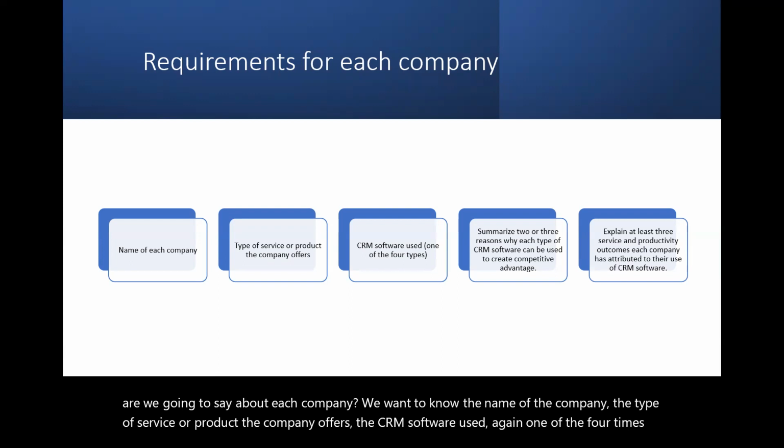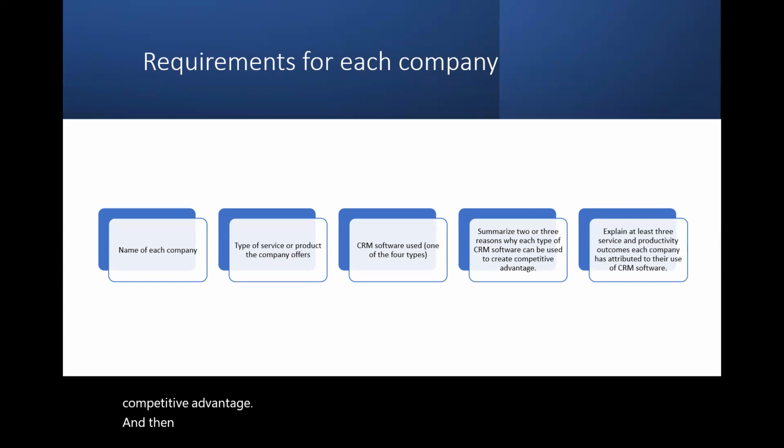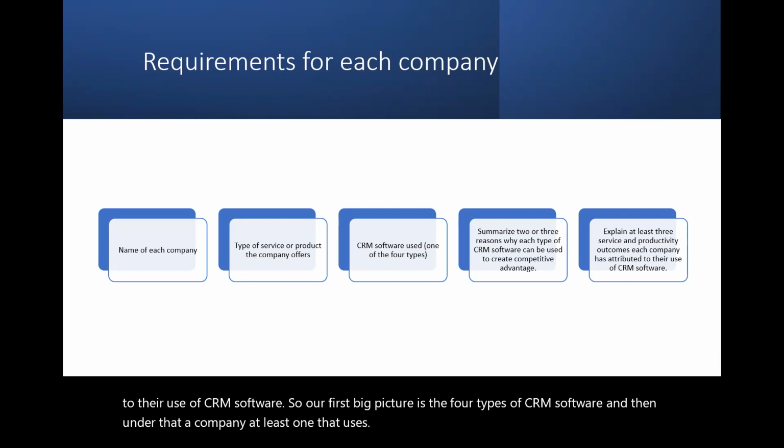Summarize 2 or 3 reasons why each type of CRM software can be used to create the competitive advantage, and then explain at least 3 service and productivity outcomes each company has attributed to their use of CRM software. So our first big picture is the 4 types of CRM software, and then under that, a company, at least one, that uses that type of software.